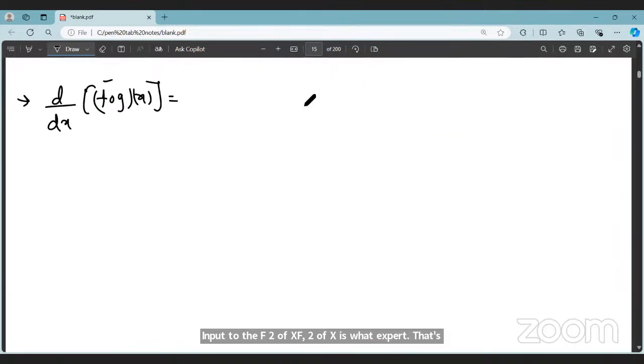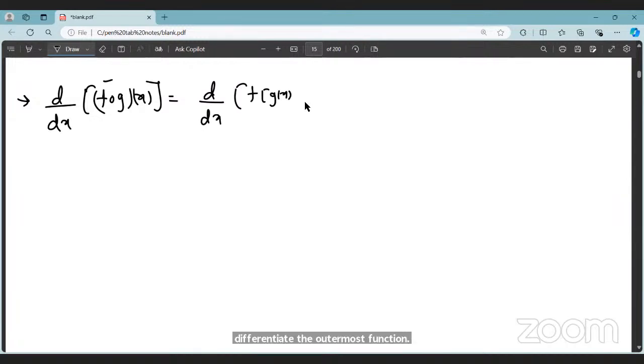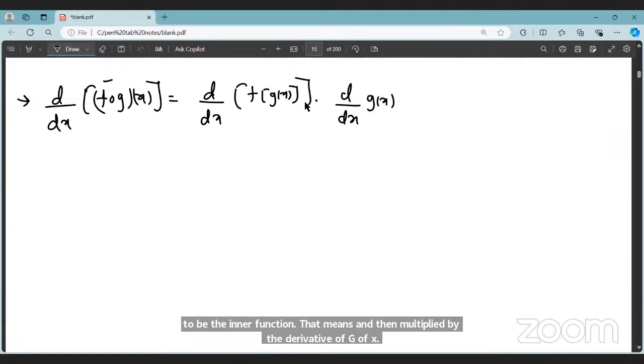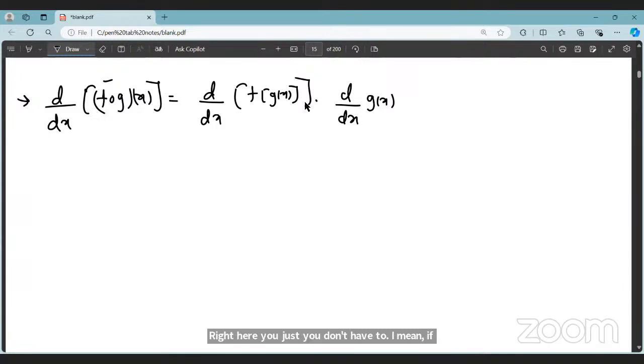That means in the chain rule, you have to differentiate the outermost function and take the input to be the inner function, that means g of x, and then multiply it by the derivative of g of x, right? If you get confused with the input, what you can do is first find the derivative of f and then replace x with g of x.